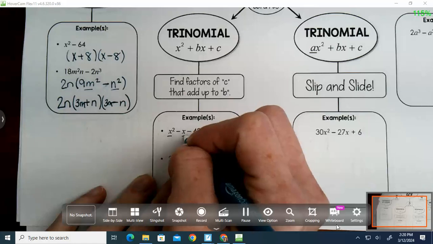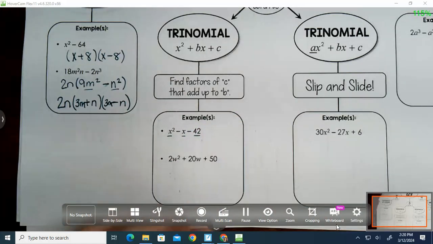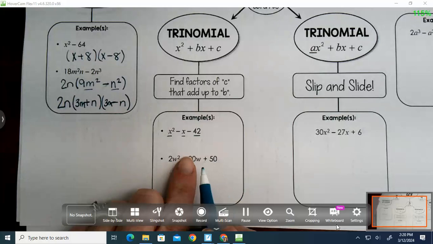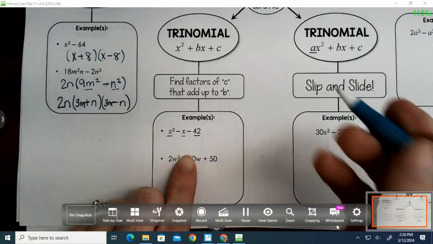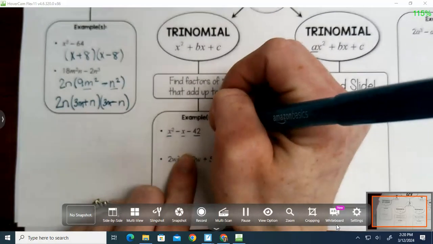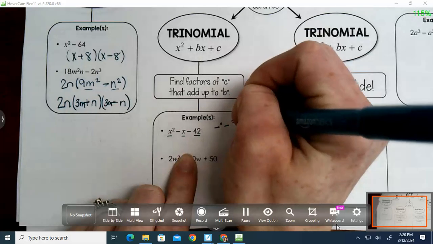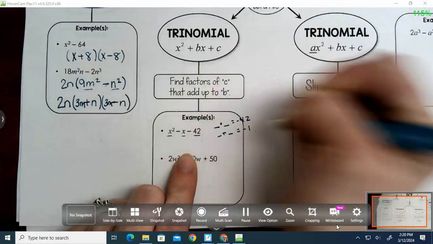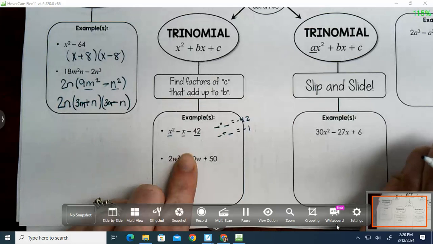So the x squared, oh, sorry, on the other one we do, but on this one we do not. So remember our strategy on these, we were looking for two numbers that multiply to negative 42 and add to negative 1. What would those be?